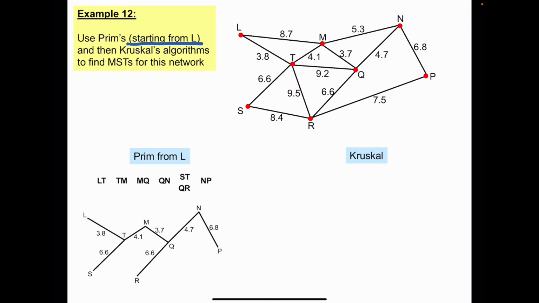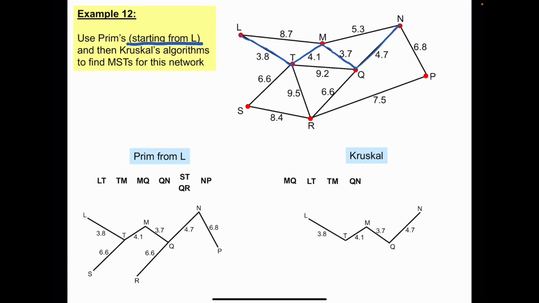So in this case, the shortest one that we start with is MQ, which is 3.7. Then the next shortest one is LT, which is 3.8. The next weight is 4.1, which is TM. Then after that is 4.7, QN.